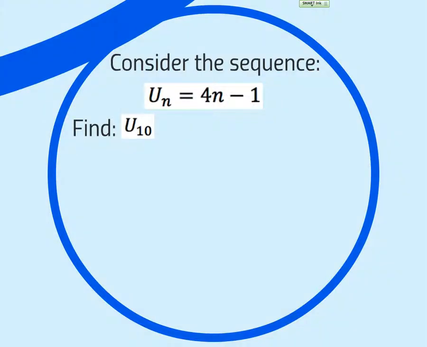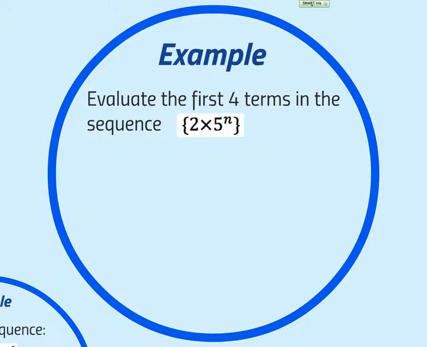All right. So this one says evaluate the first 4 terms in the sequence 2 times 5 to the nth power. So it doesn't say a specific term, but it actually says the first 4 terms.